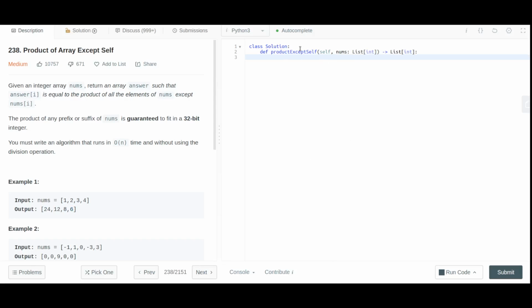Okay, so we have the definition of the solution here. Let's call our first array LR. Again, we need to initialize it to an array that contains elements of 1s, because we're doing a multiplicative operation here, and if we initialize them to 0s, it's going to cancel out our output. And this would be our output. Let's call it product array, so P array.